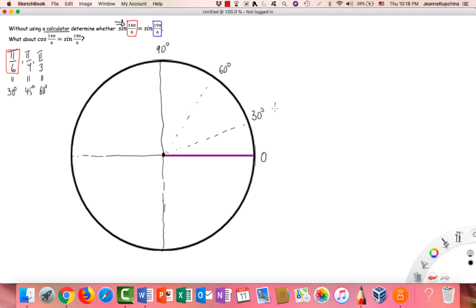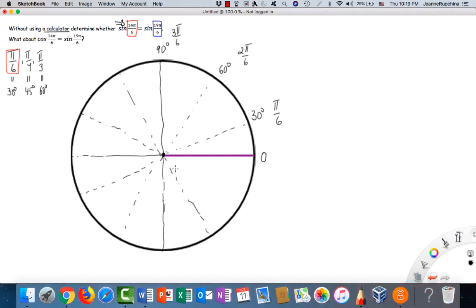Or I can also say this is pi over 6 one time, 2 times pi over 6, 3 times pi over 6, and as you notice, each 90 degrees I just gotta split into 3 parts, right? All of those 90-degree angles, I gotta split them into 3 parts because 90-degree angles have 3 30-degree angles in them.